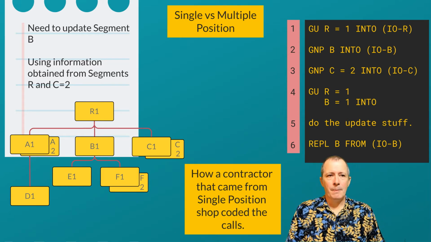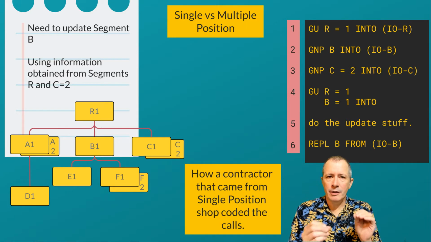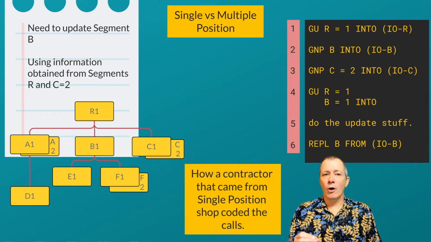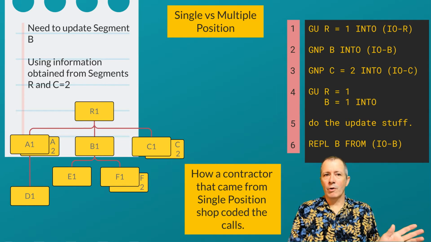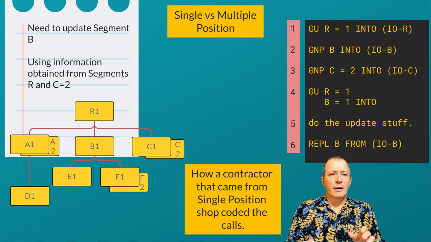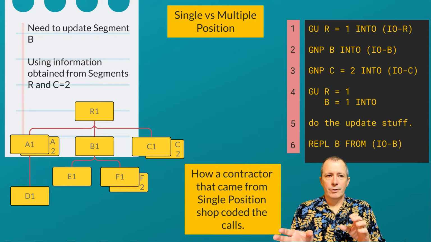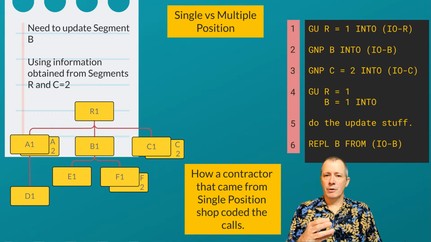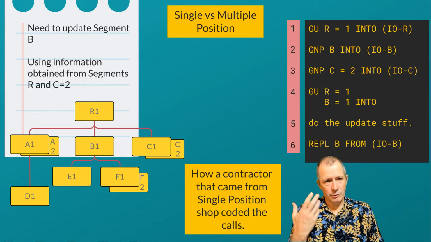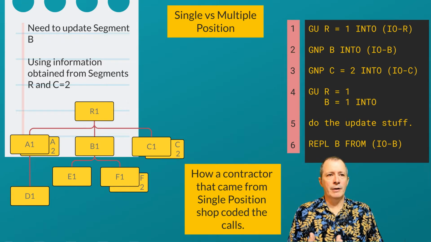Now, the contractor said that his prior IMS shop required that all segments be read in hierarchical order from left to right. Then you get unique to get the segment to be updated based on the business requirement. And this was an interesting concept for me.